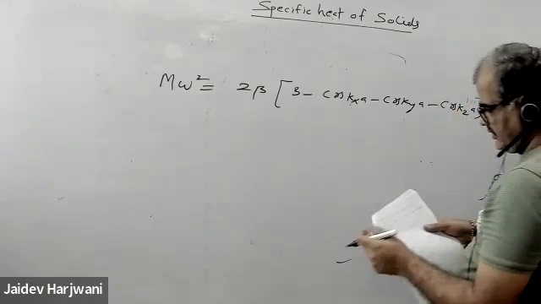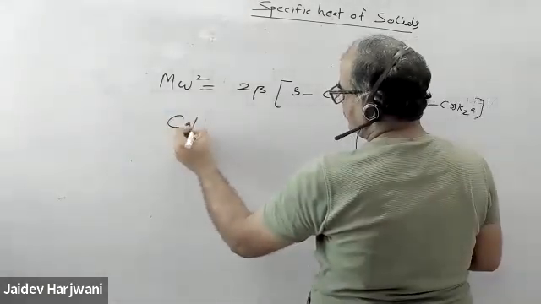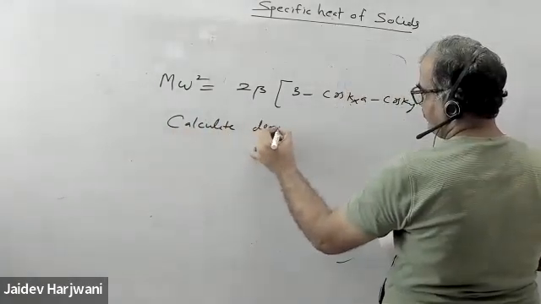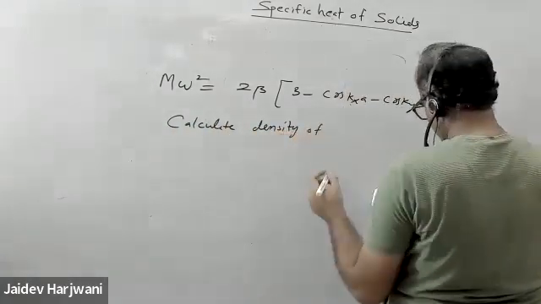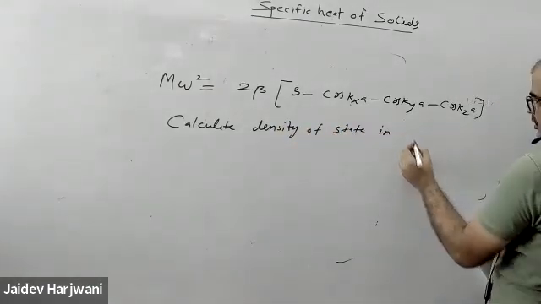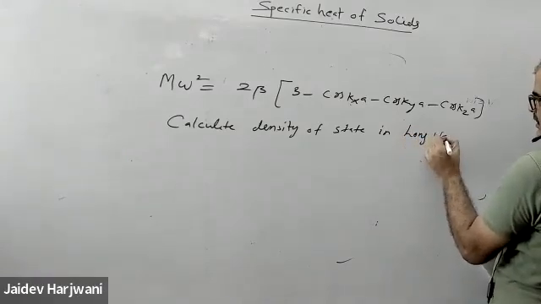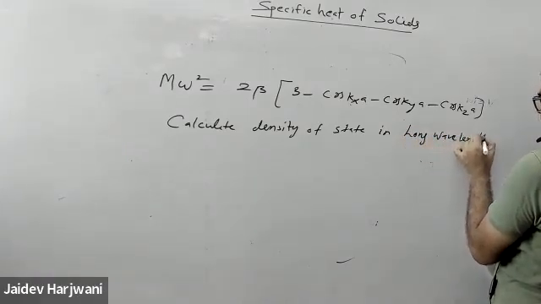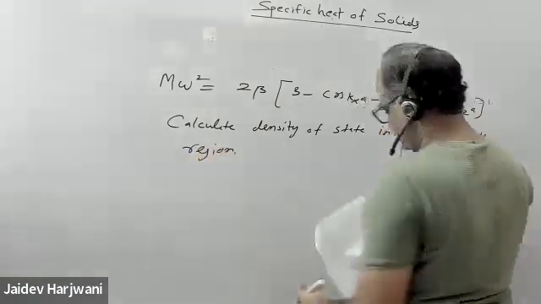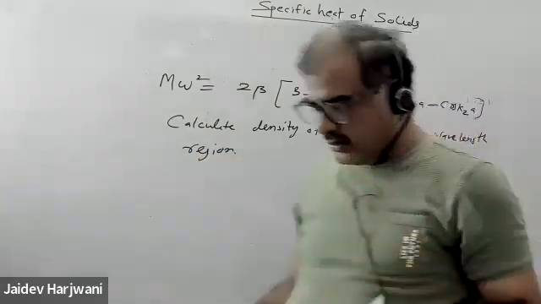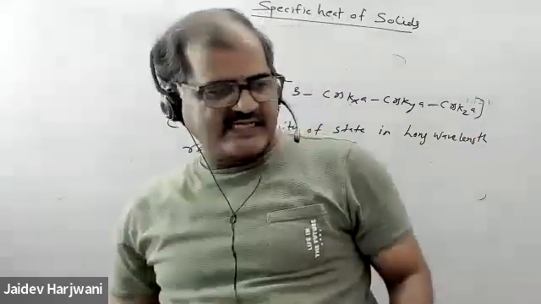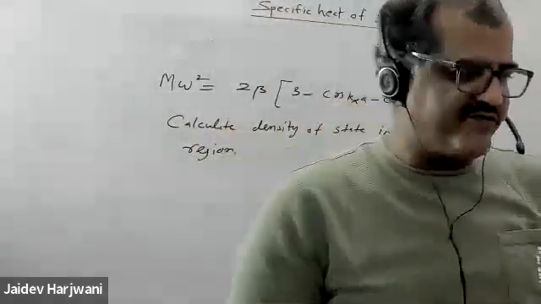The relation they gave, they are asking to calculate the density of states in the long wavelength region. Okay, and this is a 3D solid because x, y, z is given, so this is obviously a 3D solid.